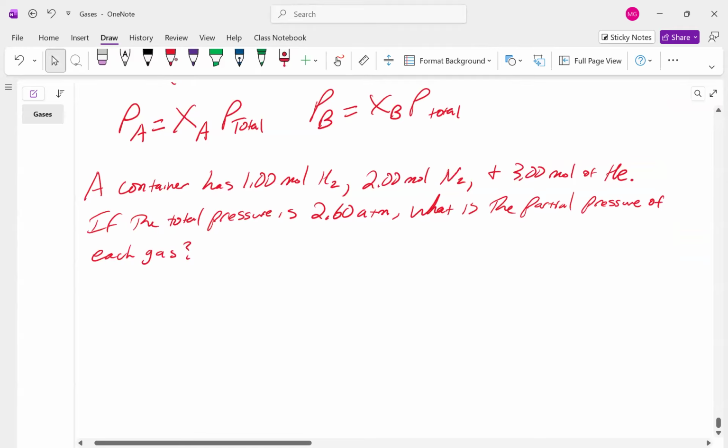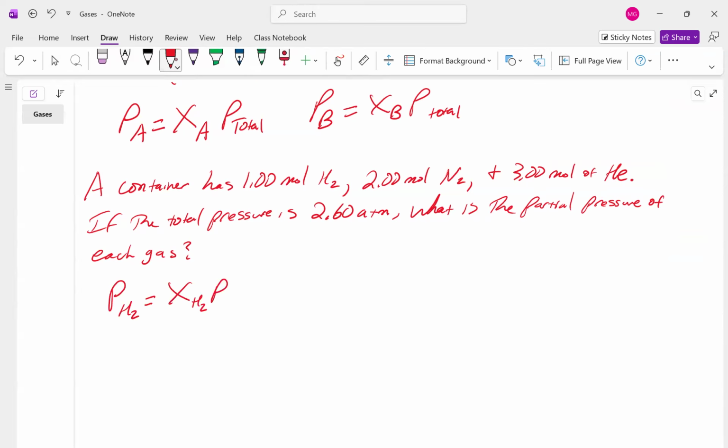Okay, so all we have to do is take each gas individually. The pressure of hydrogen is going to be the mole fraction of hydrogen times the total pressure. The pressure of nitrogen is going to be the mole fraction of nitrogen times the total pressure.